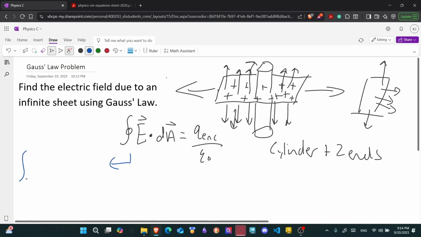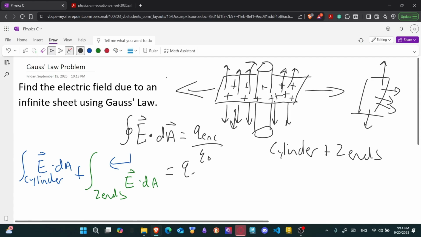So we got this area for the cylinder, like the long part, the integral of E dot dA, plus the integral for the two ends, E dot dA, is equal to Q enclosed over epsilon naught.